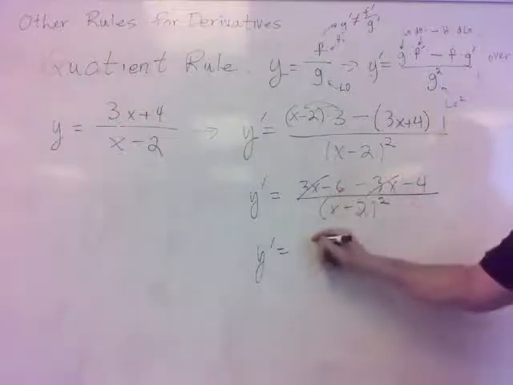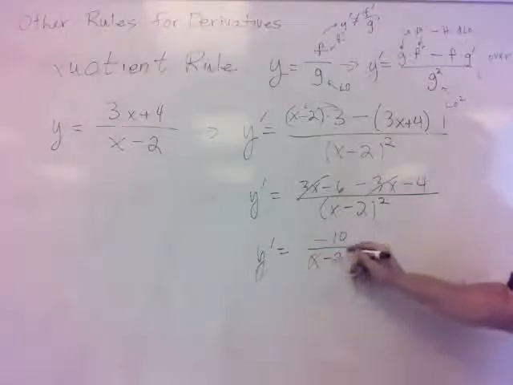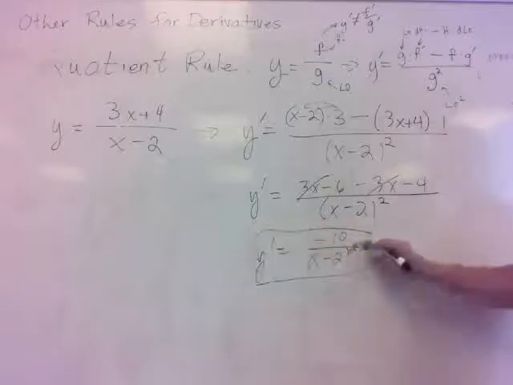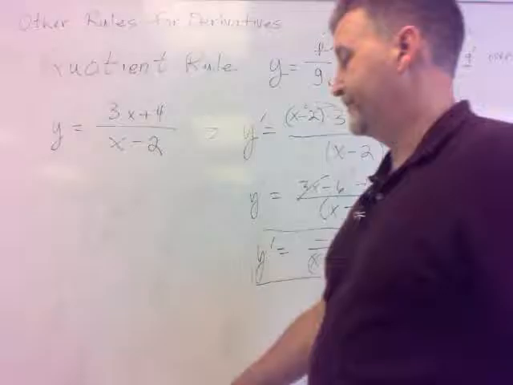Minus 10 is all I have on top. Okay, minus 10 over (x minus 2) squared. All right? Quotient rule.